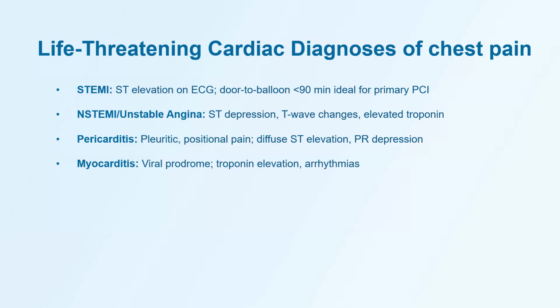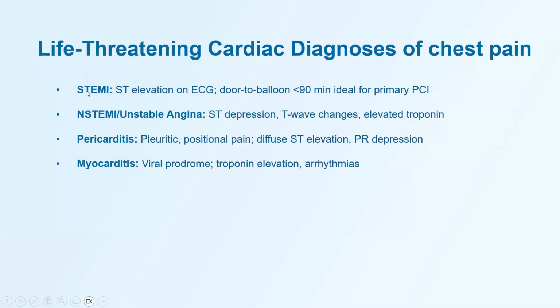So now if we come to chest pain due to cardiac reasons, some of them are life-threatening if left alone. Some of them may not be acutely life-threatening, but are still dangerous. First and most worrisome is STEMI.